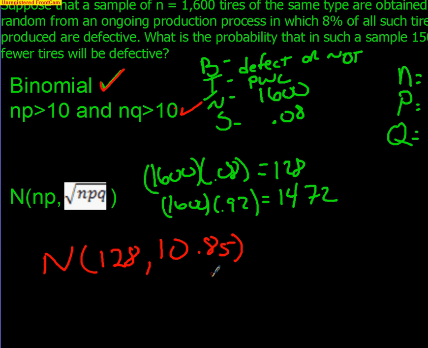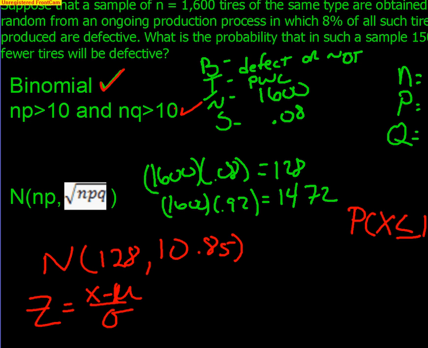Now, since this is a normal distribution, I can use my normal formula, which is x minus mu over sigma. My test point is 150 or fewer. Make sure I write that down: P(x is less than or equal to 150).